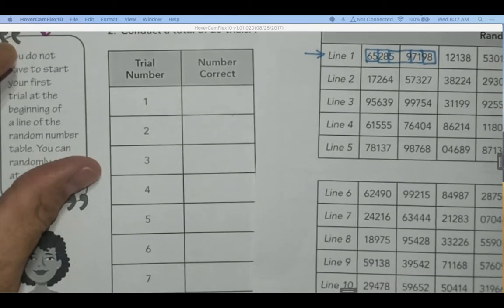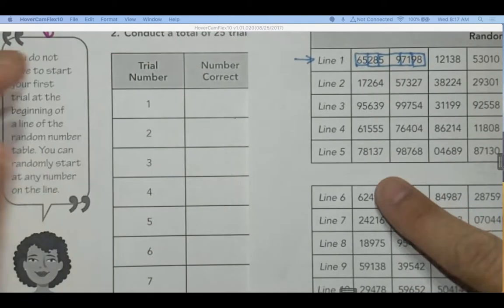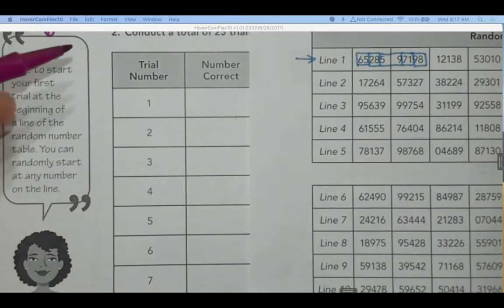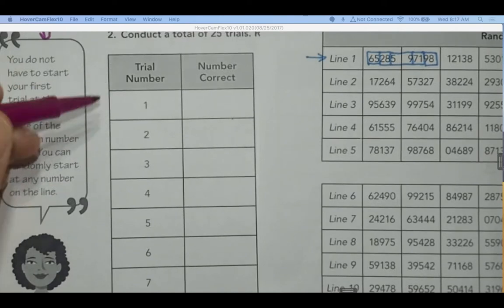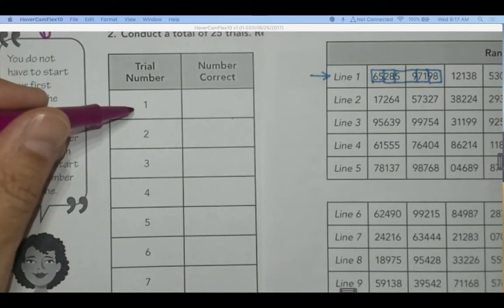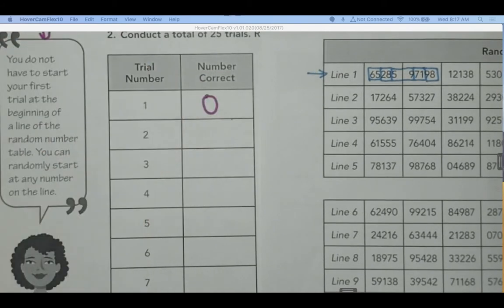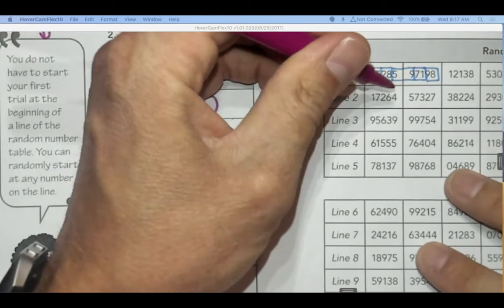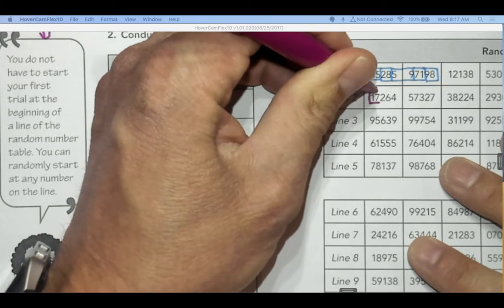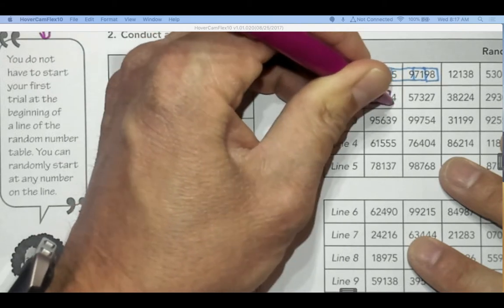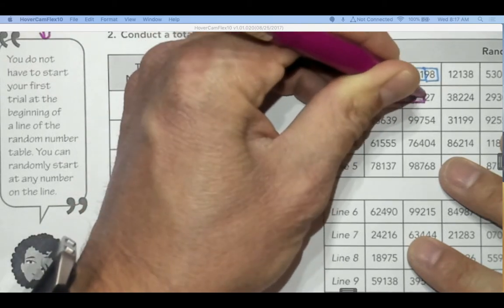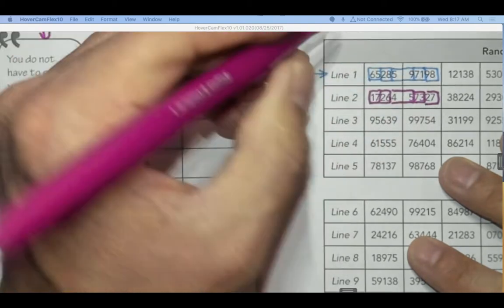So if we randomly start, it's okay. To make it easier, I'm going to do these first ones, though, and I'm going to have them correspond here because we'll get through a lot of them, okay? I think I will count my trial 1. And so my trial 1, I had 0 correct answers, okay? Then in line 2, I'll do my next one. So I have 17, 26, 45, 73, and 27. Okay?